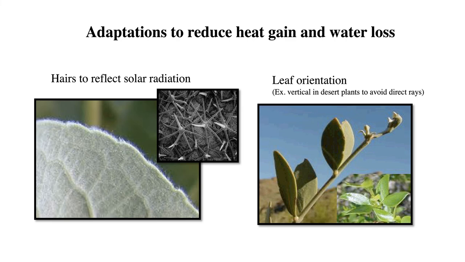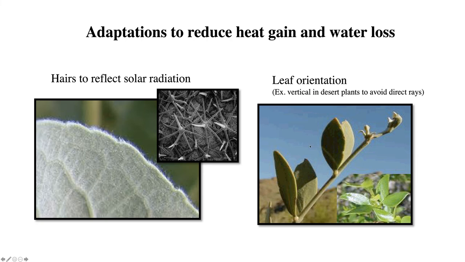One of these things is they've evolved hairs to reflect solar radiation, like the hairs that you can see on this leaf right here. Basically those act like little tiny mini shades, little mini umbrellas that cover the leaves on a microscopic level and help to reflect some of the solar radiation so the plant itself doesn't heat up. The hairs sort of absorb that heat. And you can see a microscopic picture of what those hairs look like on a microscopic scale.